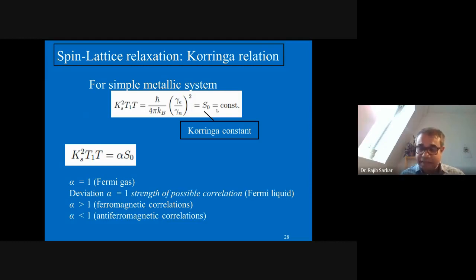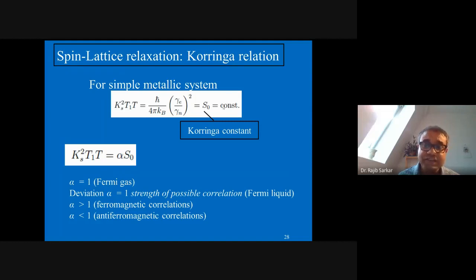Now somebody says, I have a metal, a conventional Fermi liquid in a sense, but there is no correlation in my electrons. But then somebody says, let's introduce a little bit of correlation, like ferromagnetic correlations or antiferromagnetic correlations are present. But how do you determine these things? This is very tricky, very difficult to determine. Here the Korringa relation will help you very nicely, because you can define K squared T1T equals alpha times S0.